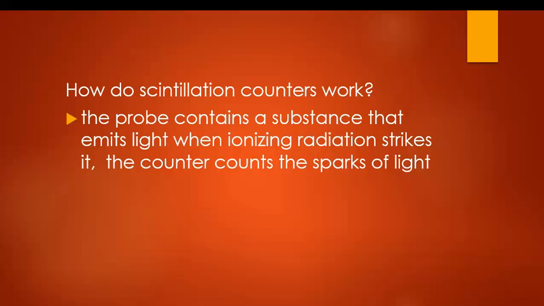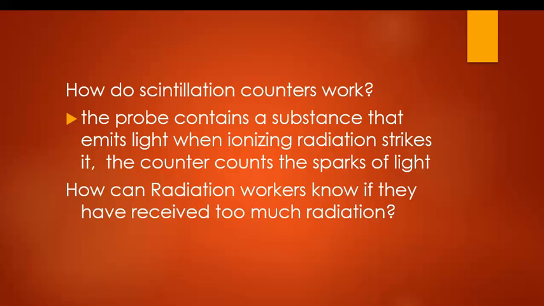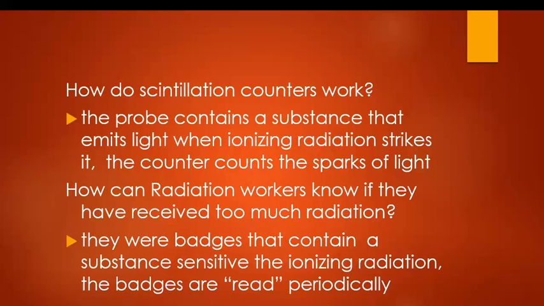A scintillation counter is a probe that contains a substance that emits light when ionizing radiation hits it. This is an alternative to a Geiger counter. It does better with gamma radiation. How can a radiation worker know if they've received too much radiation? Have you seen people around town with these little badges on them? Okay, those are the badges. They have a film inside of them, and when a radioactive particle or gamma hits it, it develops the film a little bit.